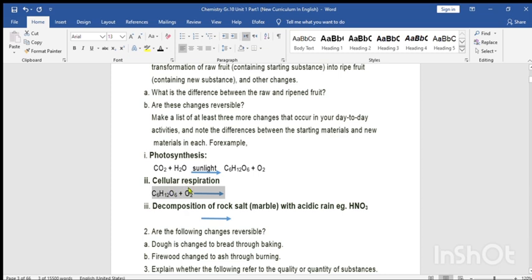Glucose plus oxygen gives carbon dioxide gas plus water vapor plus energy. This is the chemical change process taking place in the cells of the body.